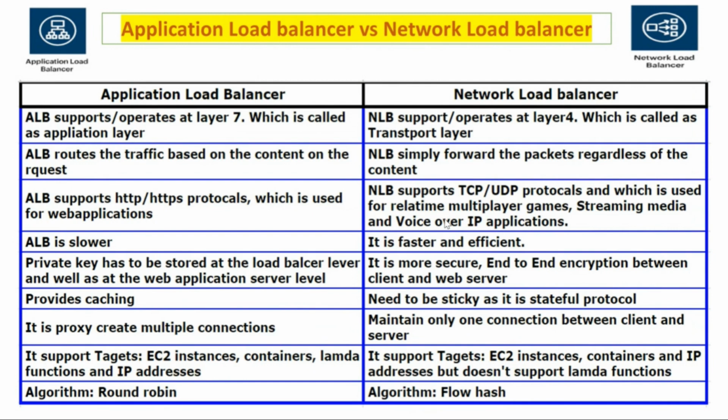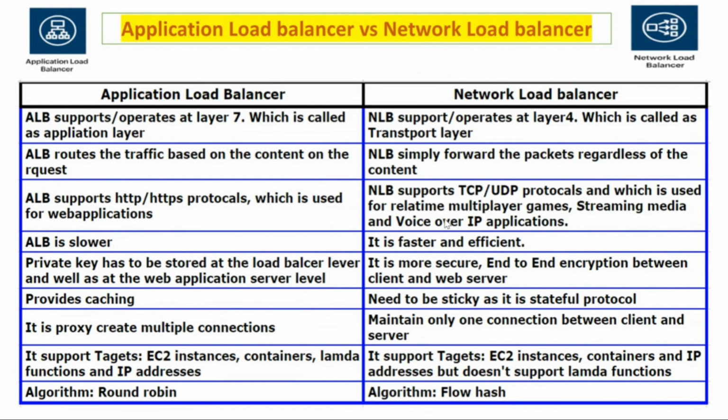Okay. So the next difference is when you are sending the data or request from the client to the application load balancer, the ALB will try to read the data which is coming, so it will first decrypt it.